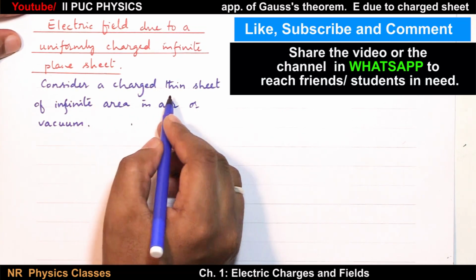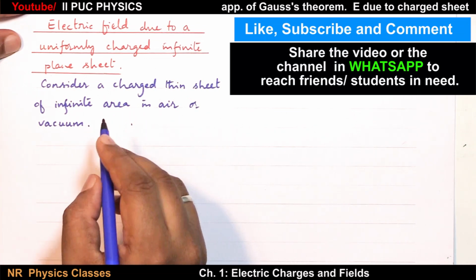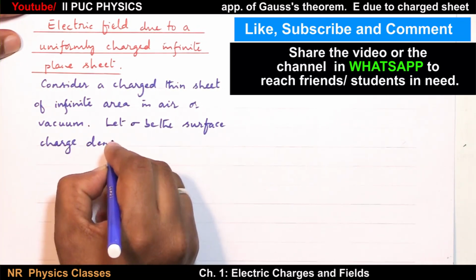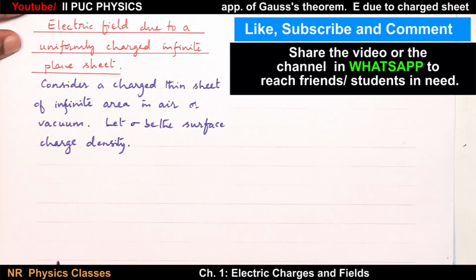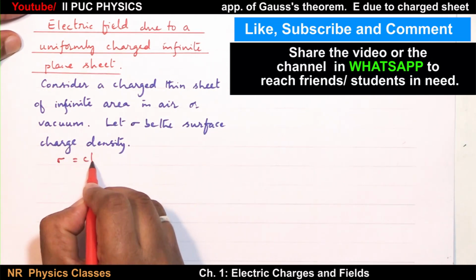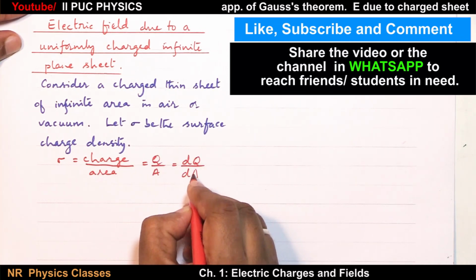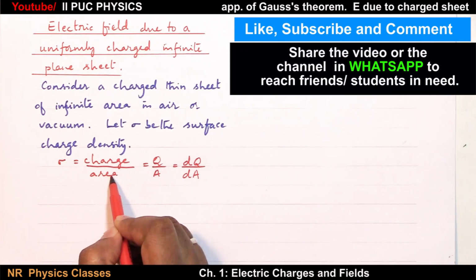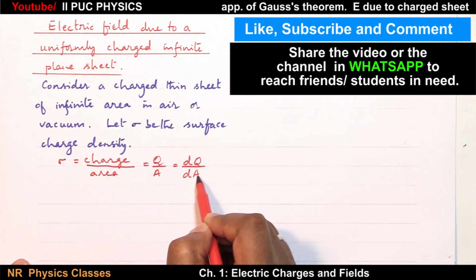Consider a charged thin sheet of infinite area in air or vacuum. Let sigma be the surface charge density. Sigma equal to charge by area, Q by A, or dQ by dA.